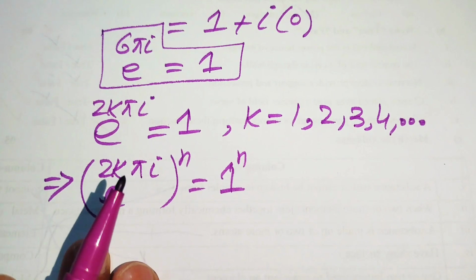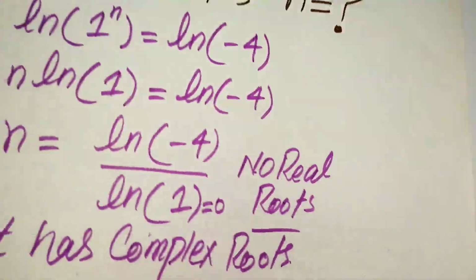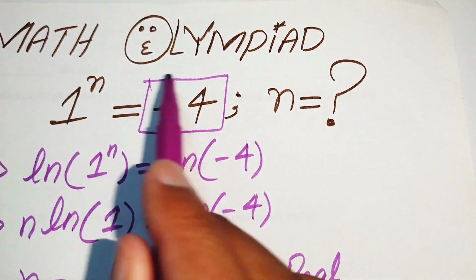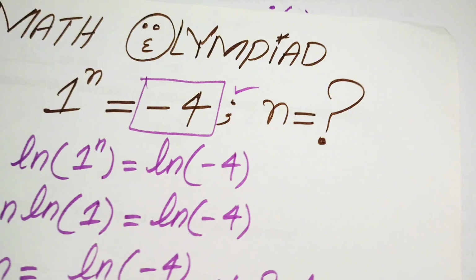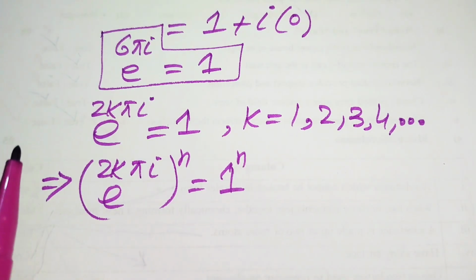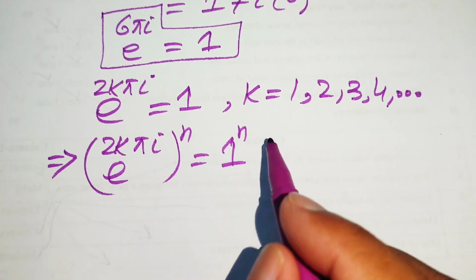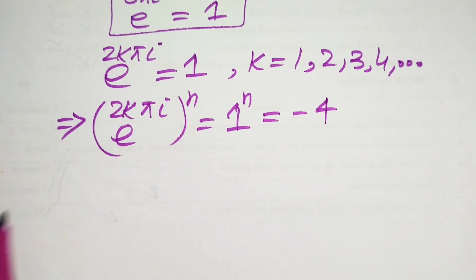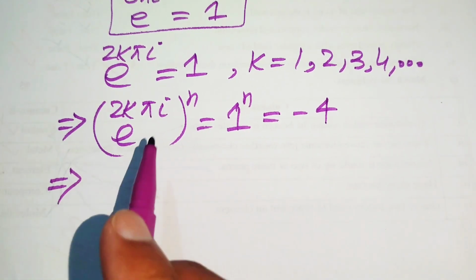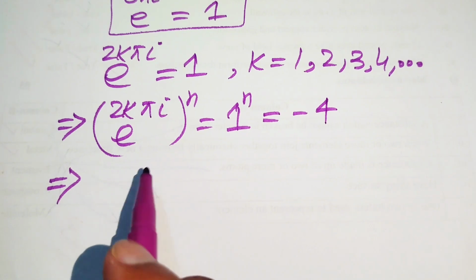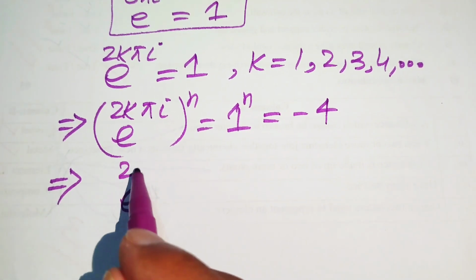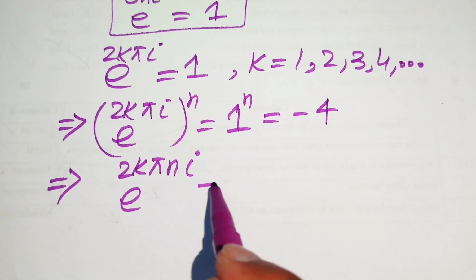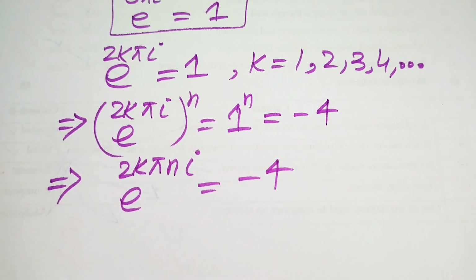And now in the start of the problem, we have the value of 1 to the power of n equal to minus 4. So now we use this value here. When you substitute 1 to the power of n equals minus 4, this equation implies that we multiply these two exponents and it is written as e to the power of 2k pi n iota equals minus 4.